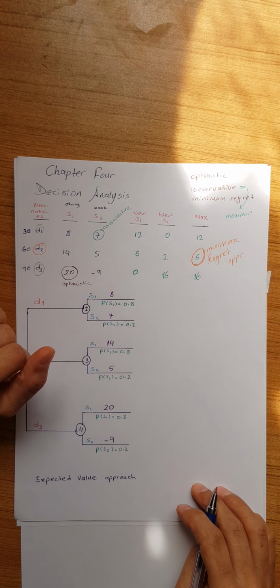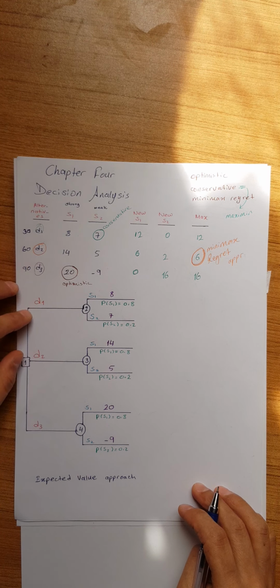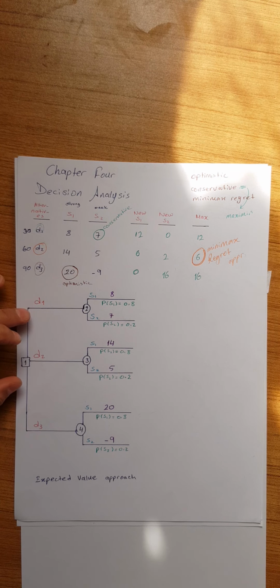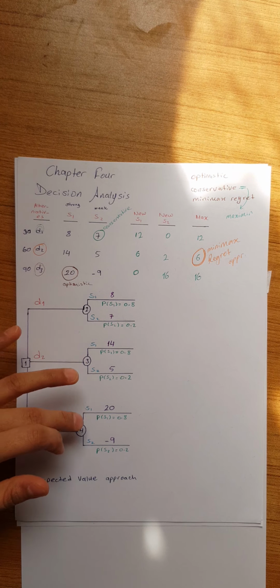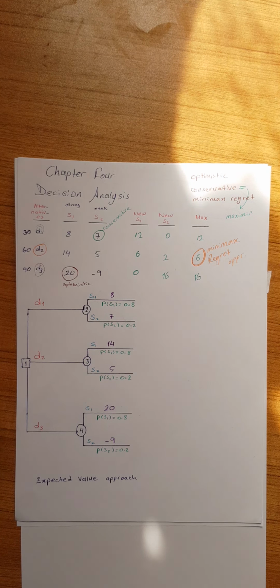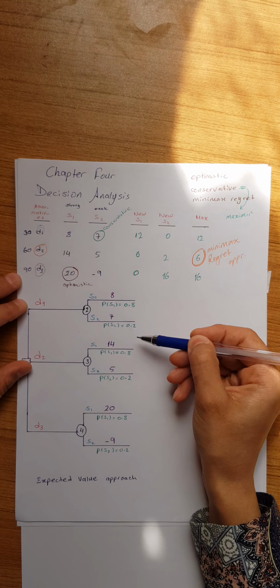How do we calculate the expected value for each alternative? The probabilities must be given to you.